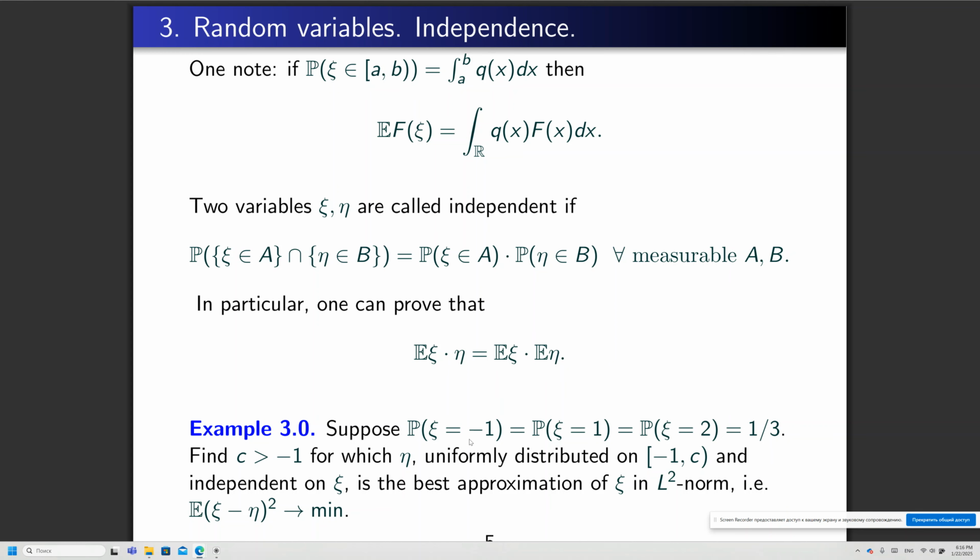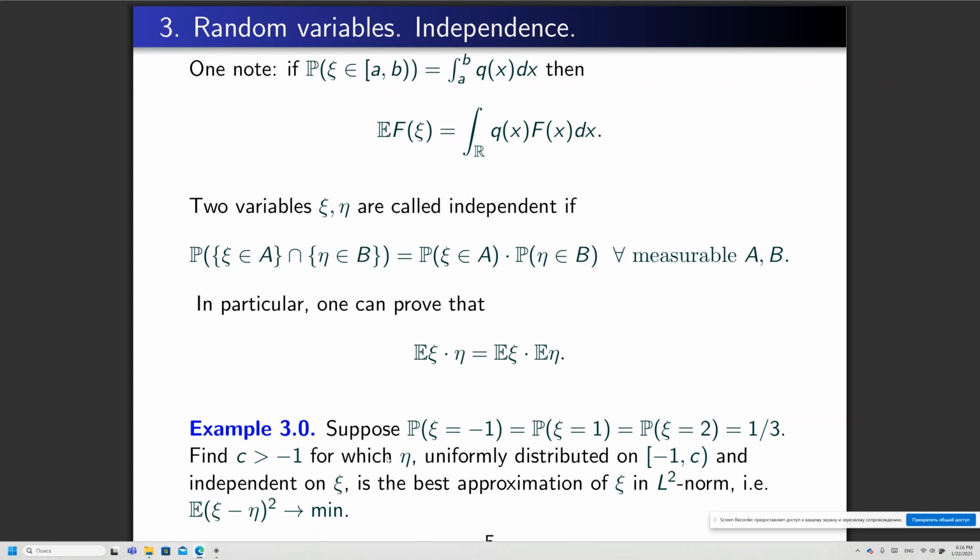Now, example. Suppose that we have a random variable Xi, which takes only three values, -1, 1, and 2, with the same probability, 1 over 3. Now, we would like to model this random variable by another random variable independent of Xi, but continuous, not discrete.